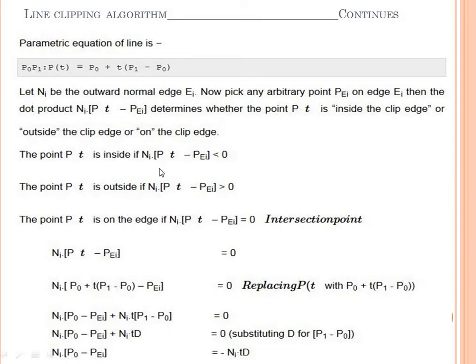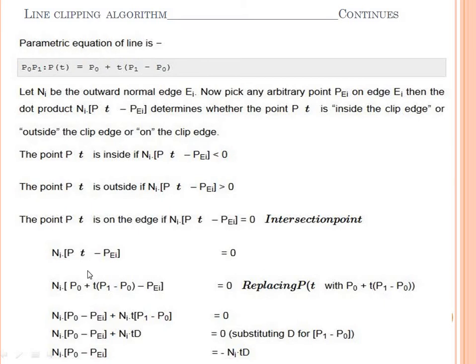Here also we learned about inside, outside, and on the boundary edge. So the basic formula is Ni dot P of t minus P of Ei is equal to 0. This 0 means the point is on the boundary edge. If the point is on the boundary edge, then the formula is Ni dot Pt minus Pei is equal to 0.